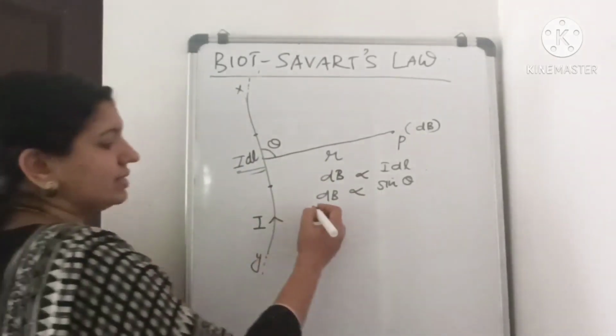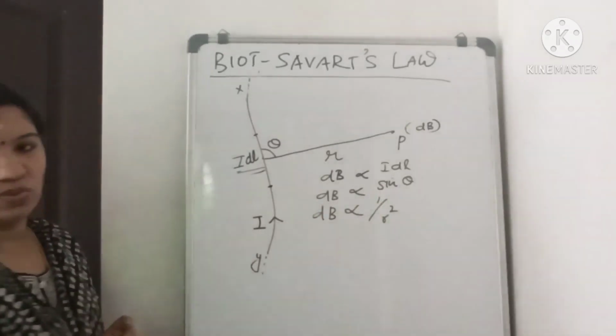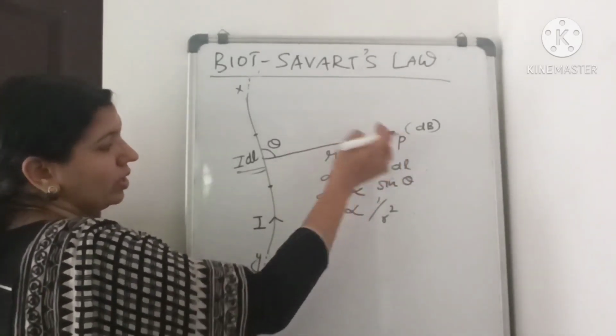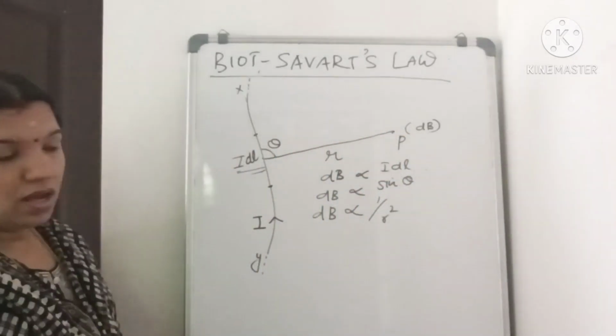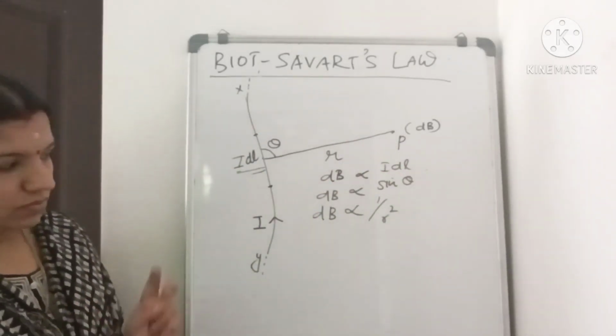Then it is inversely proportional to the square of the distance between them. What is the distance from the point P to that dl element? So this is the law stated by Biot-Savart.